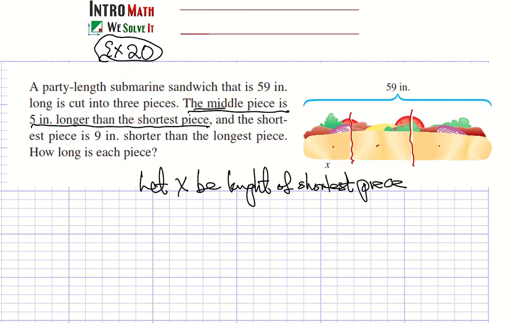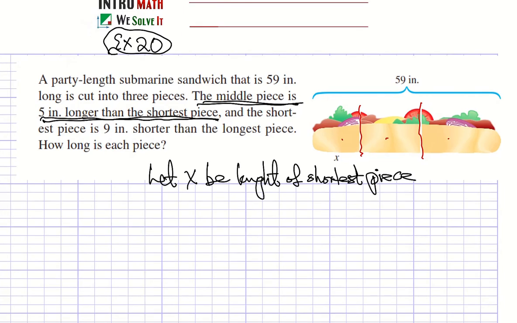The middle piece is 5 inches longer than the shortest piece. So once we get that, you can say x plus 5, because it's 5 inches longer. Why am I spelling length like that?